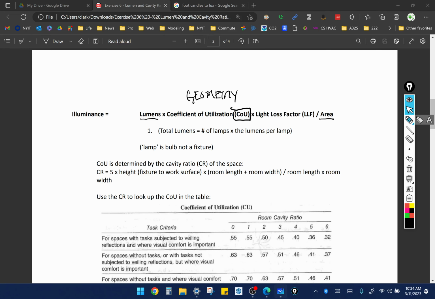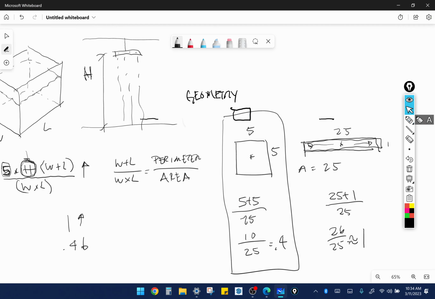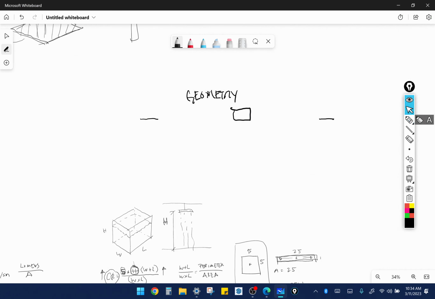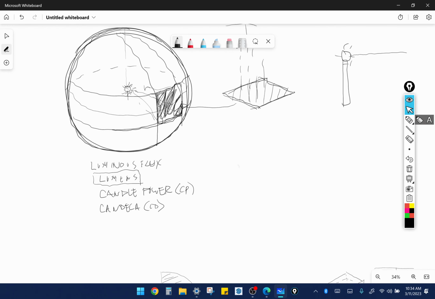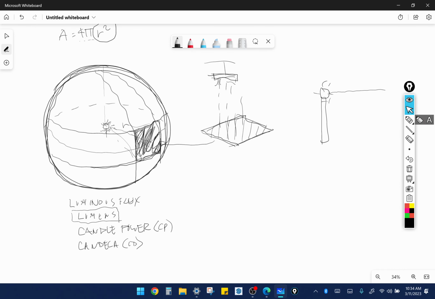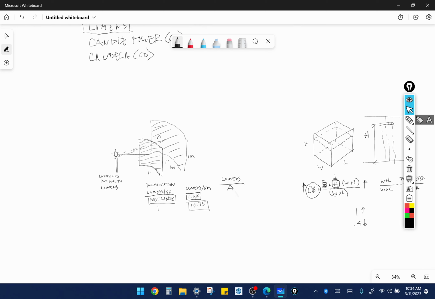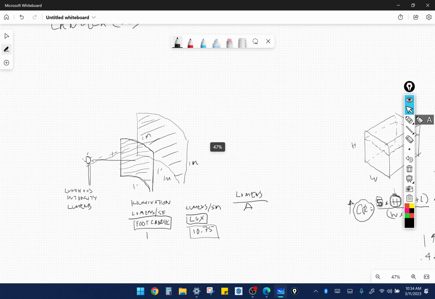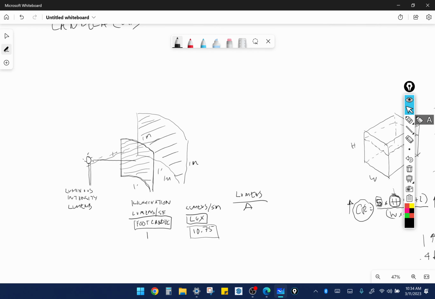And, oops, we come back to here. We remember that luminous flux was the amount of light coming out of the light surface in all directions, and then luminous intensity was the amount going in a specific direction that led to illumination.